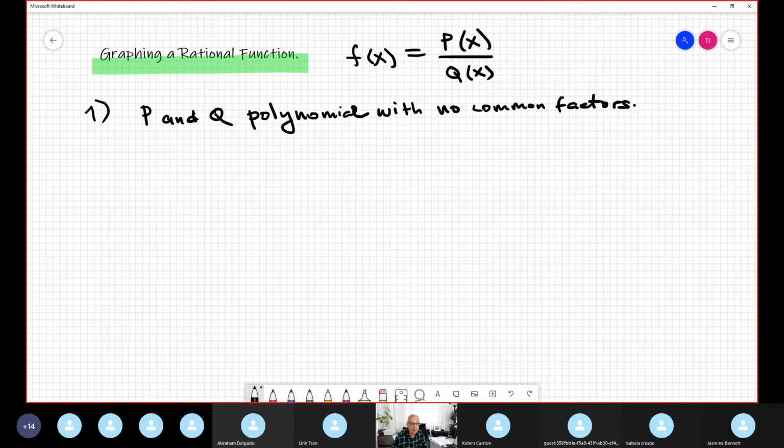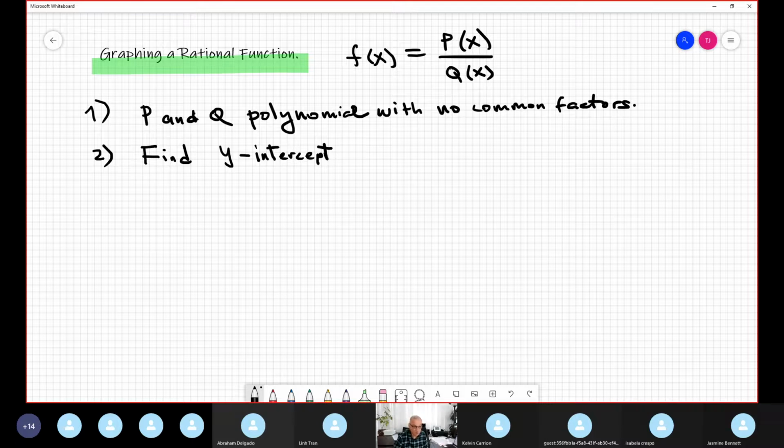You create a mechanism to solve this. Step number 2 is find the y-intercept, because this is an important point. This is a super important point. The x-intercept and y-intercept are always important points in any function that you want to graph, similar to the thing we are doing in the quadratic function.